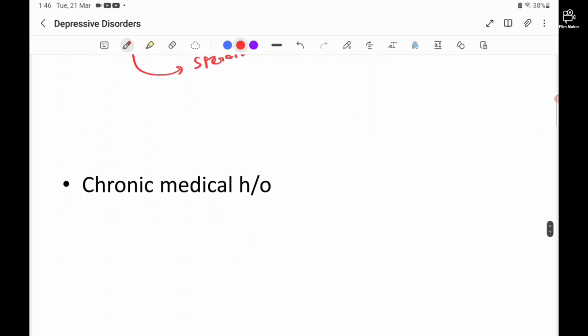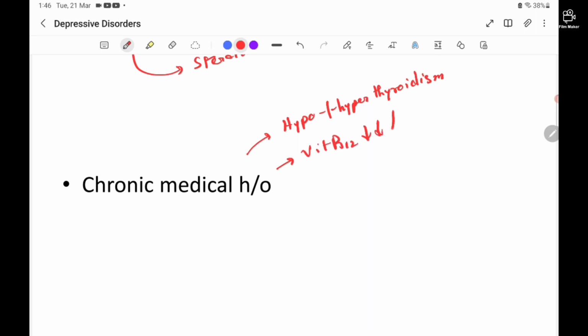Now, a history of chronic medical conditions can also cause depression. The main chronic medical conditions which cause depression are hypo or hyperthyroidism, vitamin B12 deficit or vitamin D deficit, and folic acid deficit, or some other chronic medical illness.